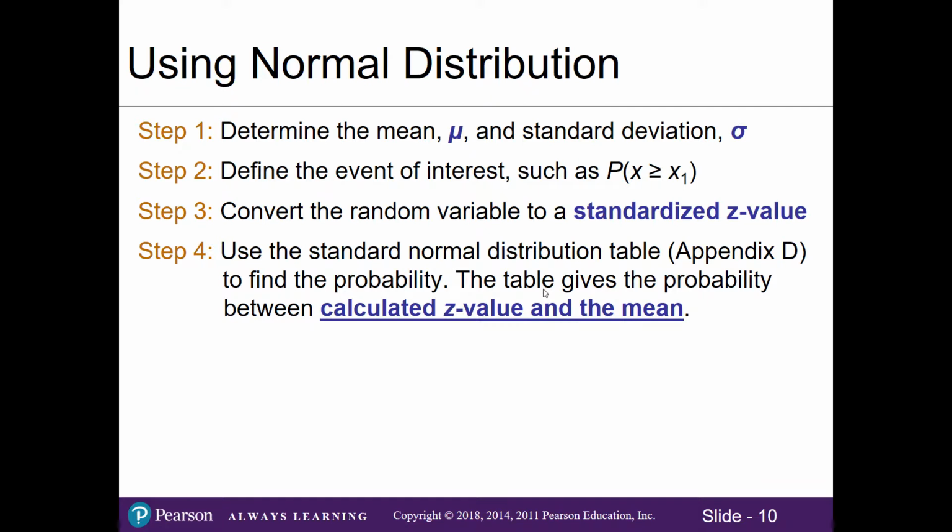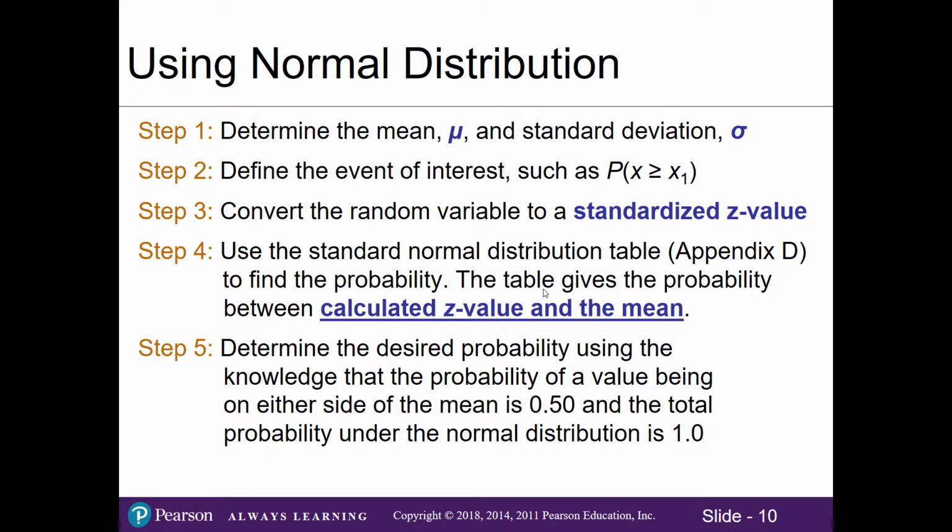Remember though, it tells me the area from my mean to the particular z-value I'm looking for. And then based on that, knowing that our entire curve is worth 1, or either side is worth half, or 0.5, we can then determine the probability of the area we're interested in finding.